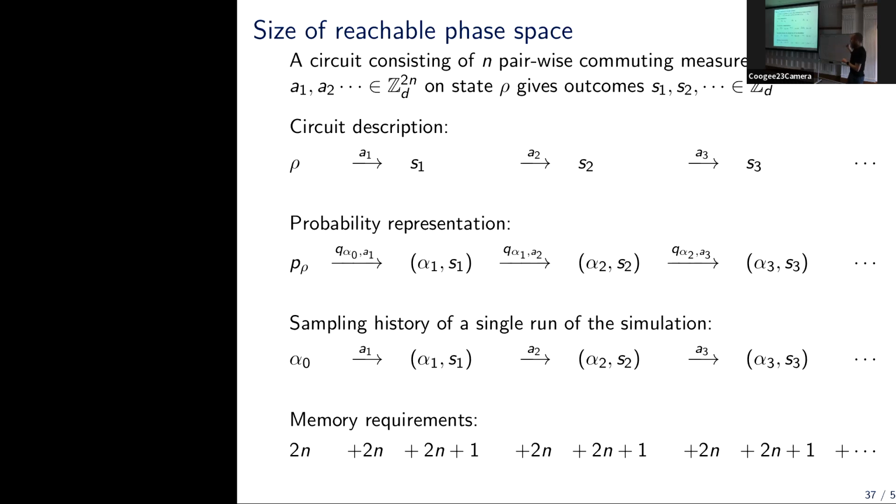And then you can do the same thing for every other sample. To specify the first measurement, you need another 2n bits. To specify this sample, you need 2n plus 1 bits. And you can carry on this process. At the end of it, you're just adding up a number of linear terms in n. And so you need no more than a quadratic number of bits to specify a whole run of the simulation algorithm. And because of this, you can only reach a quadratic number of vertices of lambda.